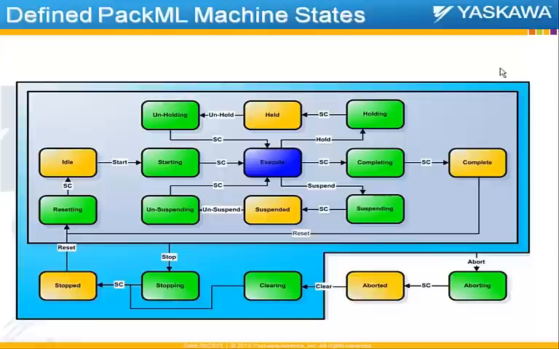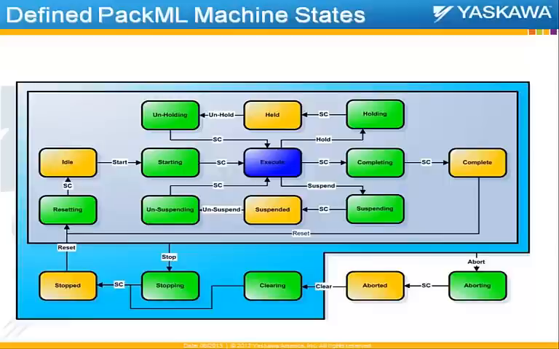The last thing I would like you to take away from this is that there is nothing in this diagram here that is packaging specific. And that's why I make the statement that this type of program control architecture can be applied to any machine.